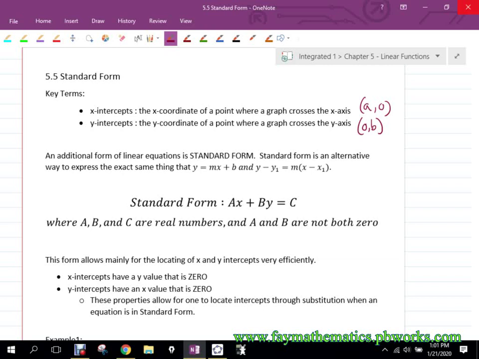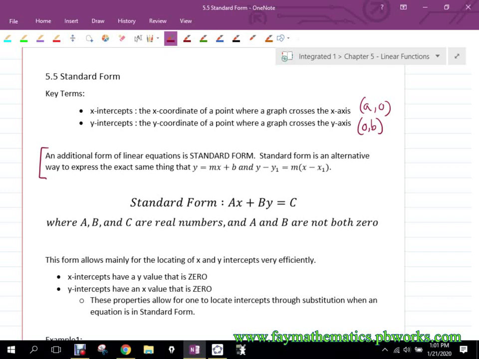The next thing says, basically right here is kind of the argument of what I said: we already know how to do what we're going to do today, but we know how to do it in y equals mx plus b form, and in y minus y1 equals m times x minus x1 form. Today we're talking about it as ax plus by equals c, which is called standard form. A couple requirements here for standard form.